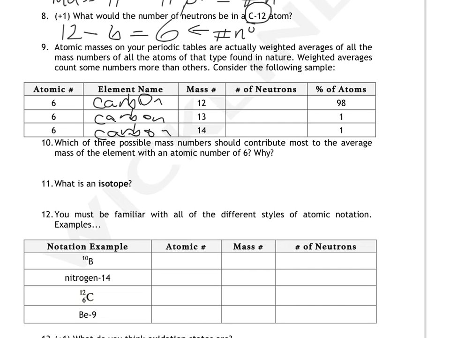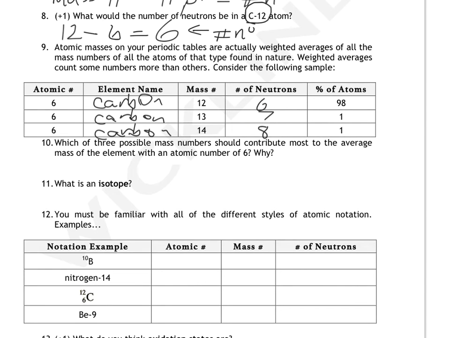So in this first example, 12 minus 6 yields 6 neutrons. In the second example, 13 minus 6 yields 7 neutrons, and in the third example, 14 minus 6 yields 8 neutrons. So these three different isotopes have three different numbers of neutrons, 6, 7, and 8.